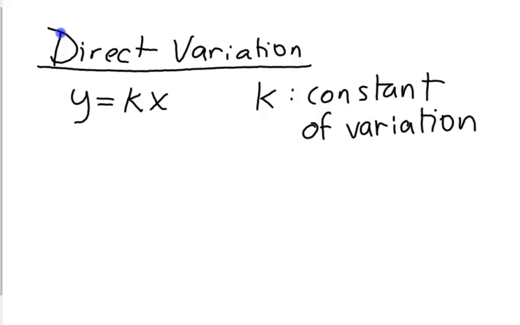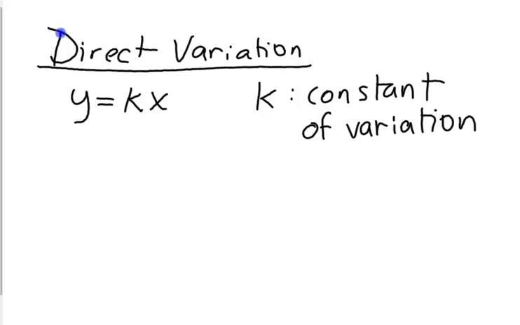Okay? So if we're looking at an equation and we want to know if it's direct variation, we look and see if it looks like this. Y equals a constant times our variable. It can look a little bit different. What if I want k by itself? What would I do to both sides?